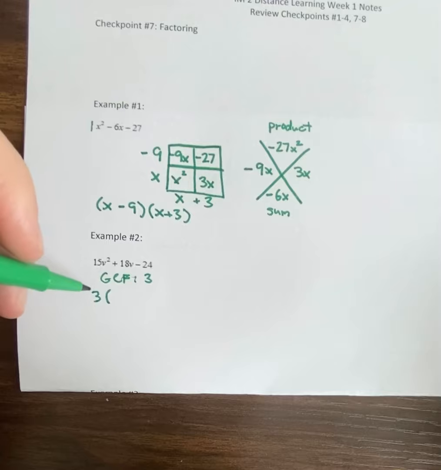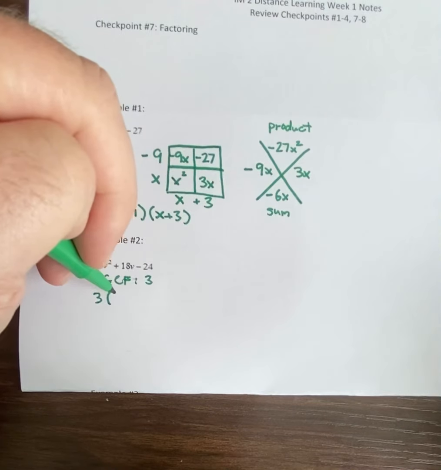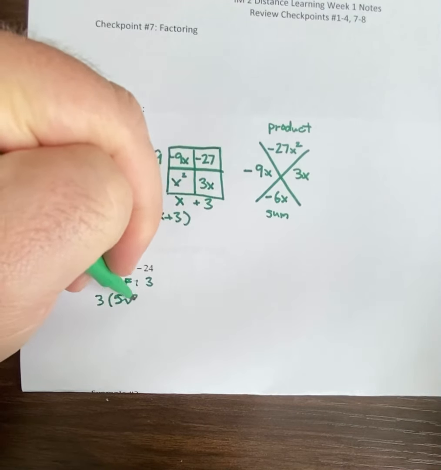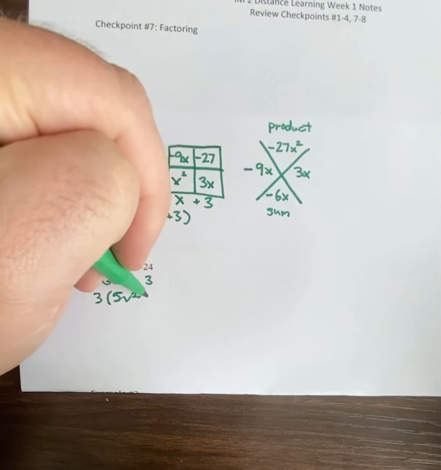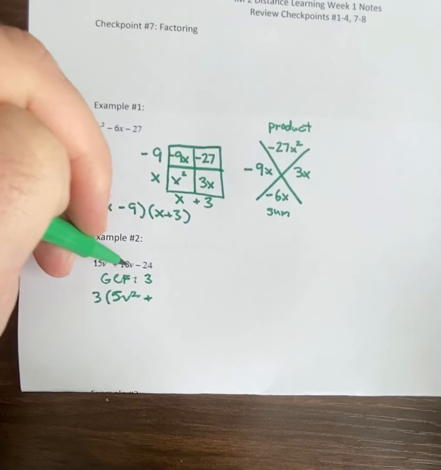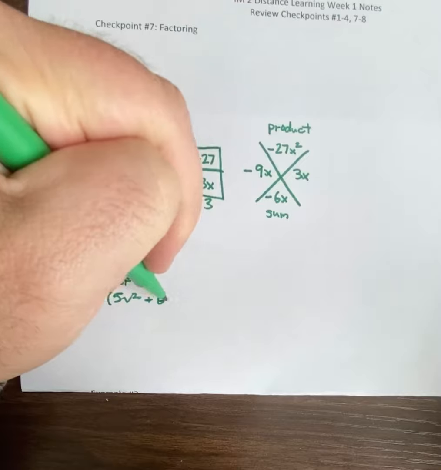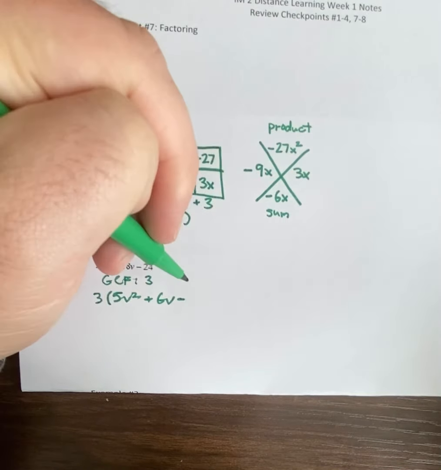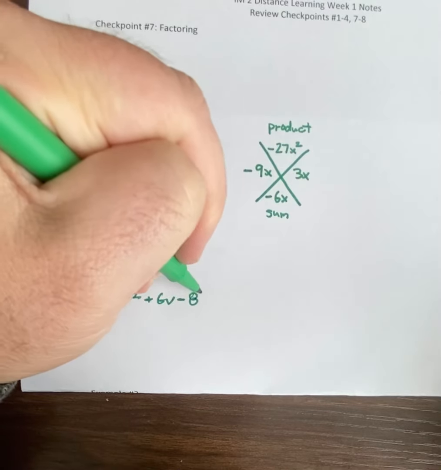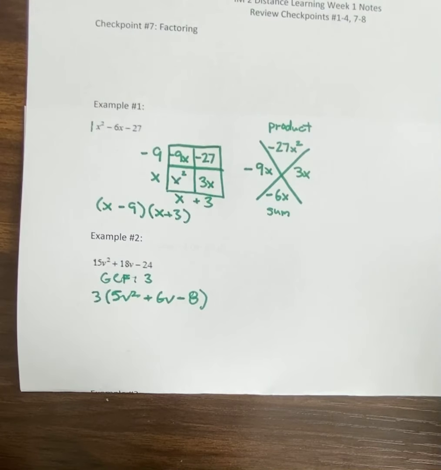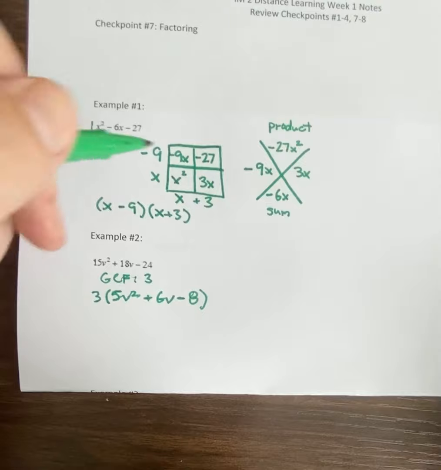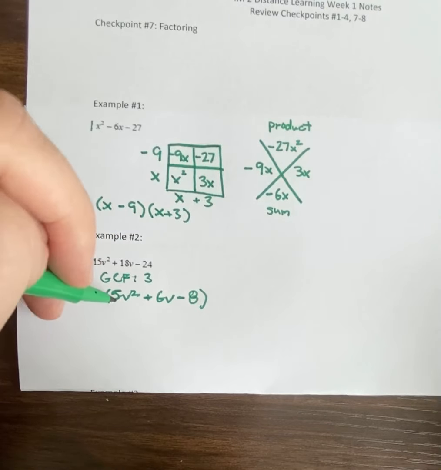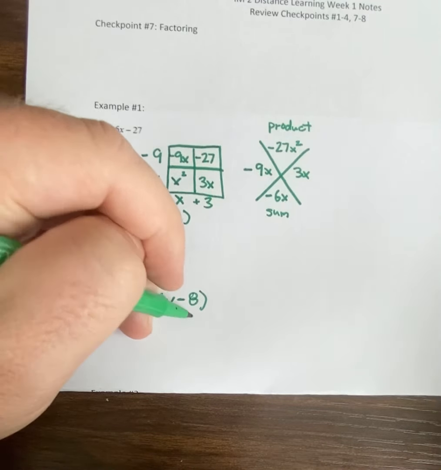And now 3 times 5v squared would give me 15v squared. 3 times 6v would give me 18v. And 3 times negative 8 would give me negative 24. And now we're going to use the box and the x with this trinomial.